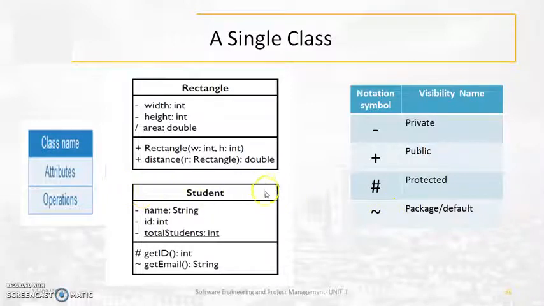This is another example, a Student class with attributes name, ID and total students present, and these are the two methods or operations performed by the Student class: getID and getEmail.